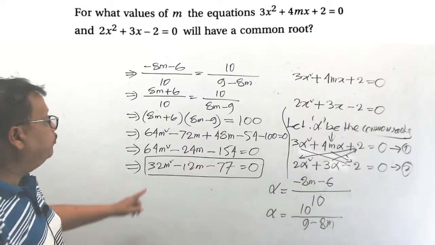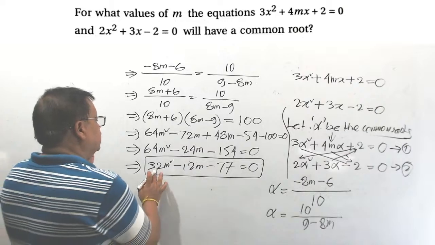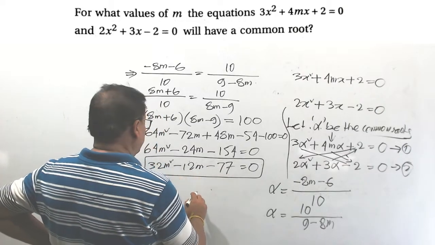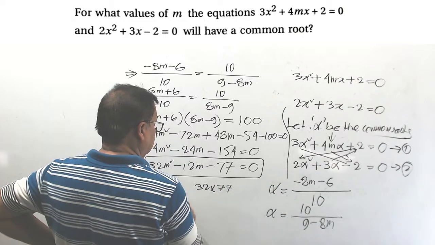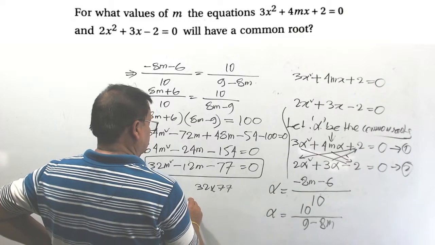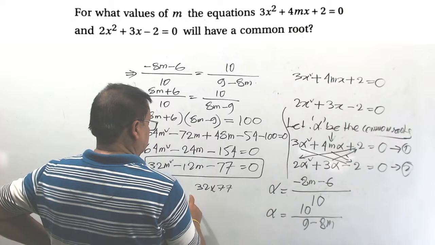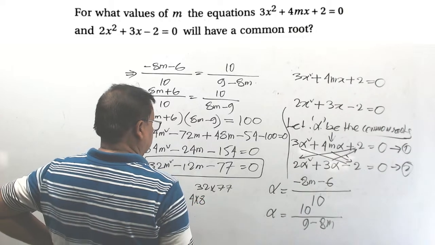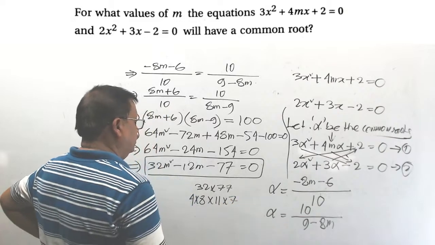Okay. Now you do what? Middle term method. You have to factorize and you will get two values of m. How will you factorize? That is 32 into 77. You have to bring 12.